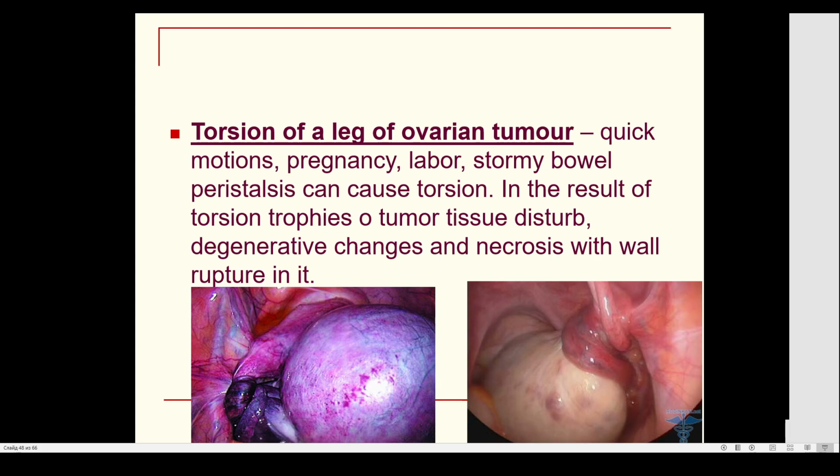As a result of torsion, the trophism of the tumor tissue is disturbed, with degenerative changes and necrosis with wall rupture. You can see this torsion in these pictures. In this part you can see necrosis of tissues, the dark color.